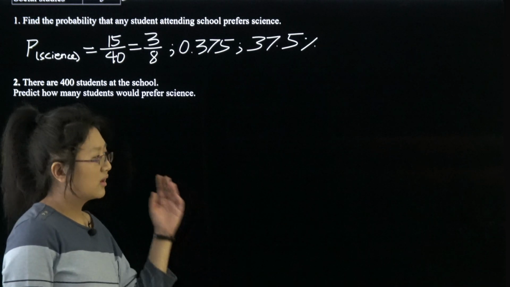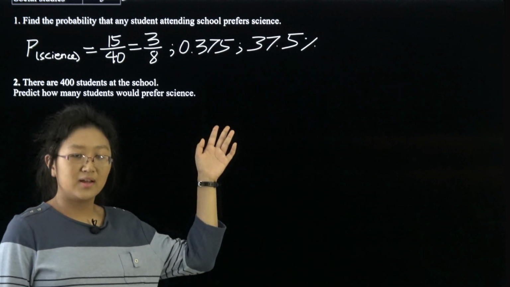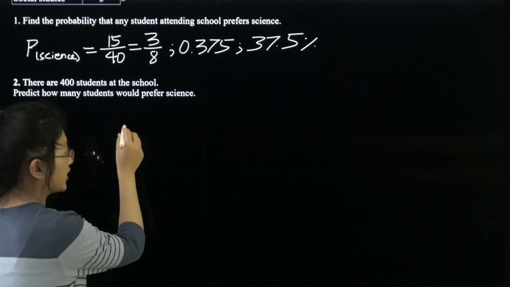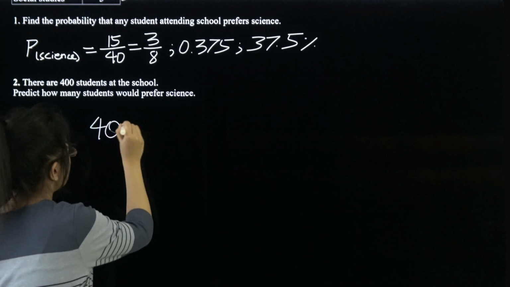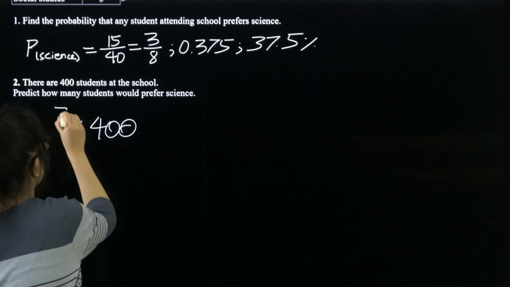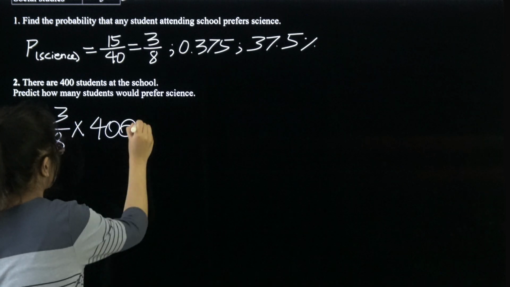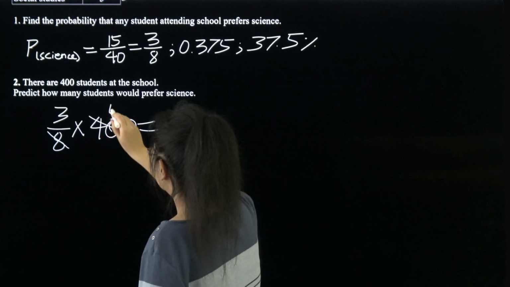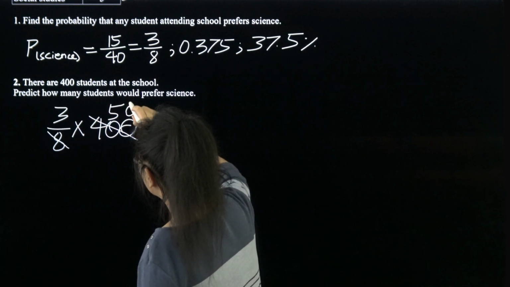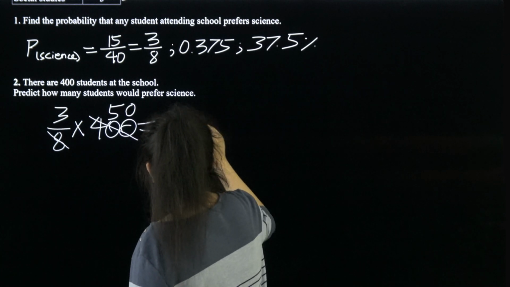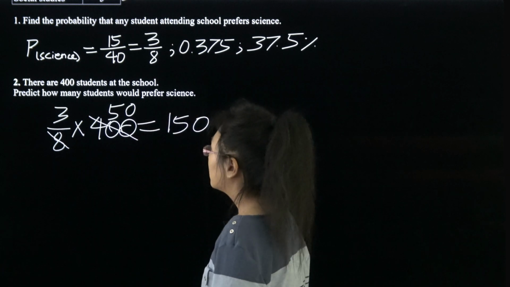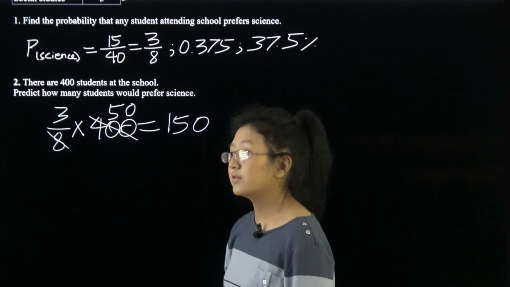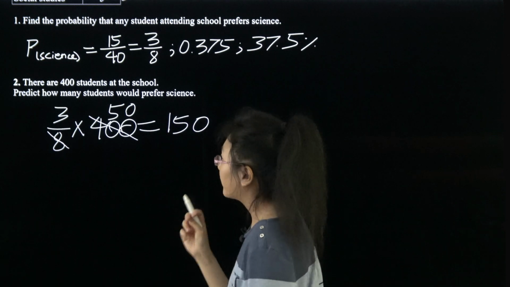Well, if the probability of them preferring science is 3 over 8, and we're doing a prediction, so it would be 400 times 3 over 8 equals, well, let's simplify this. 150. So the prediction is that 150 students would prefer science.